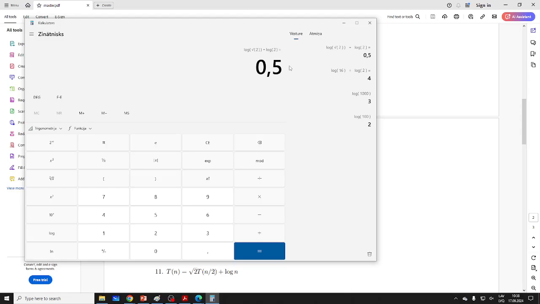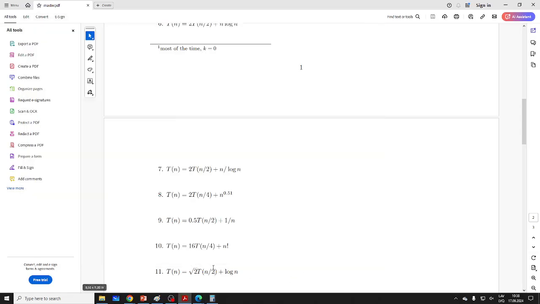So that makes sense, because if you think about it, how do you get the square root of 2? You raise 2 to the power of 0.5. That's the right answer, 0.5.